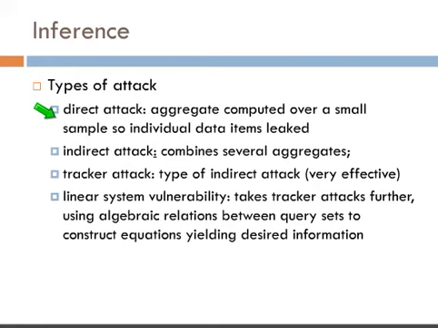Types of attacks. The first one is direct attack: an aggregate computed over a small sample, so an individual data item is leaked, like the example. The aggregation is computed over a small group, for example just 1, 2, 3 records, so there is a chance for the attacker to find the exact information and record. Then we have indirect attack, which combines several aggregates.